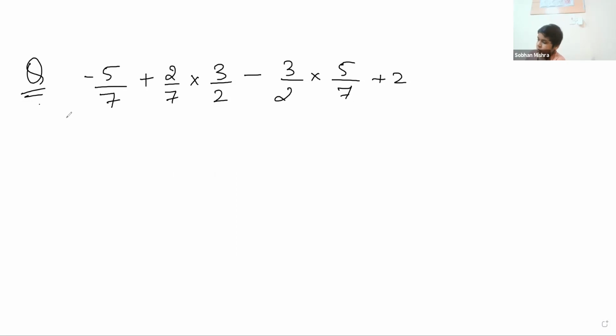I just did 3 by 2 multiplied in bracket minus 5 by 7 plus... How is 3 by 2 with minus 5 by 7? Can you see any 3 by 2 with minus 5 by 7? How can you take common 3 by 2 from minus 5 by 7 when there is no 3 by 2 with minus 5 by 7?